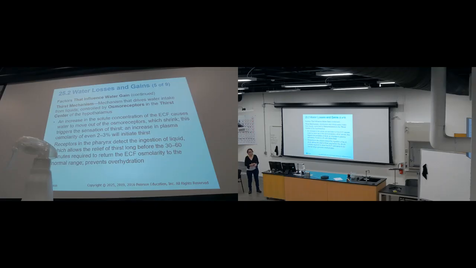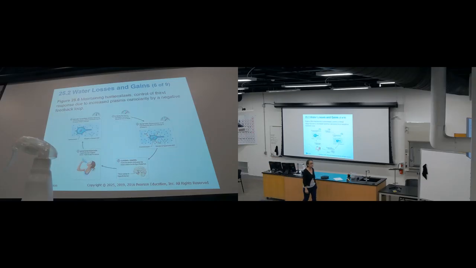That increase in osmolarity leads your osmoreceptors in the hypothalamus to donate water to the extracellular fluid, and that will shrink these osmoreceptors, which will send a signal to the cerebral cortex so that we can start drinking water. When we drink water, it will take 30 to 60 minutes for this osmolarity to go back to normal, and that will prevent overhydration.